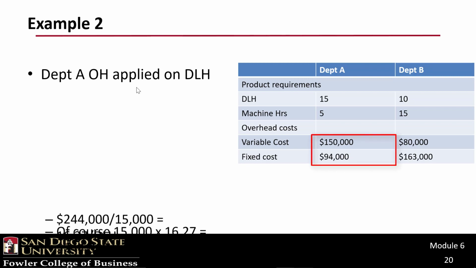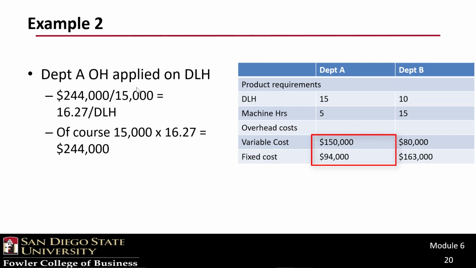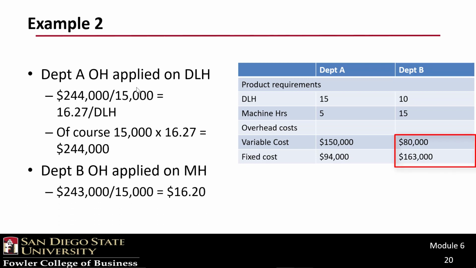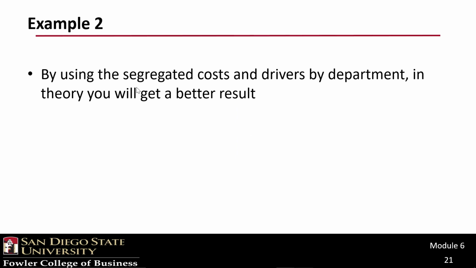Department A has 244,000 of estimated overhead costs. They have 15,000 direct labor hours, which is the 1,000 units times the 15 direct labor hours. That's $16.27 per direct labor hour. And then, of course, we just redo that math. 15,000 times 16.27 is 244,000. If we do Department B based on machine hours, we take their total overhead divided by 15,000, we get $16.20.